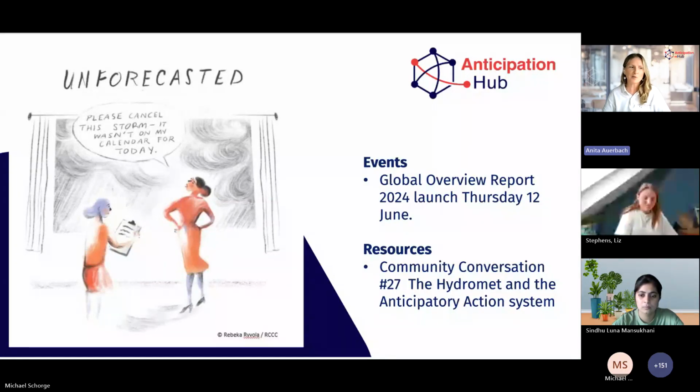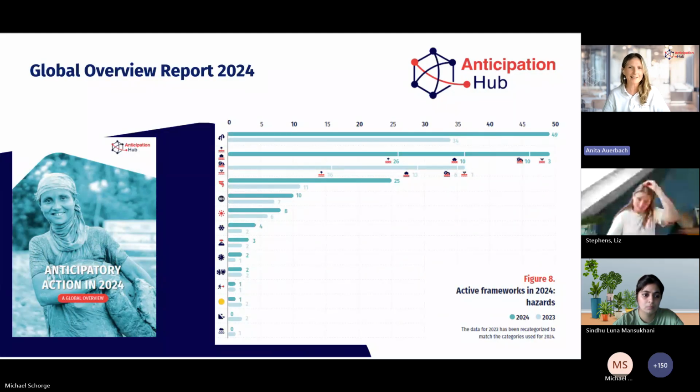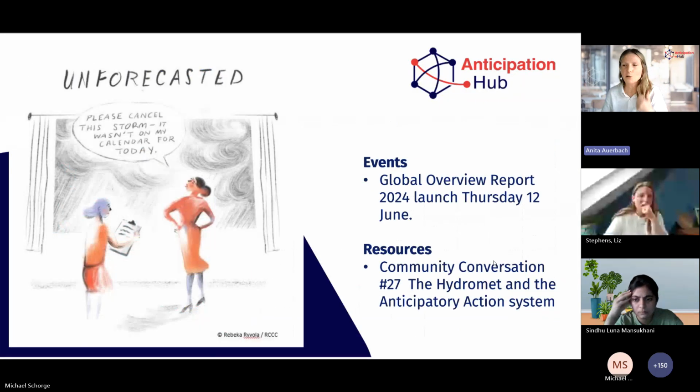This is very useful because in that report and with the links that come with it, you can sort by country, by hazard, by agencies, and you can find out what's going on all over the world in terms of anticipatory action frameworks that have been activated, are being developed, and are already in place. There is a launch of the new Global Overview report, which includes all of this data, latest trends, and latest evidence, on Thursday, June the 12th, and we'll share the link to that event with you.